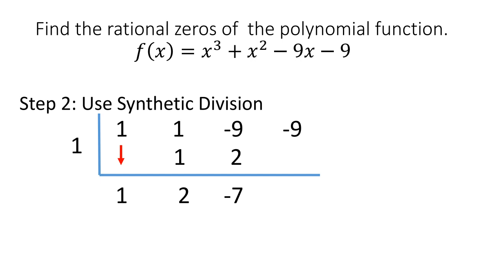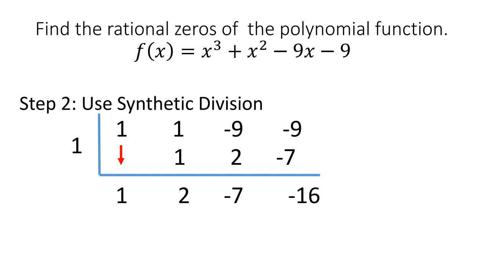And then I'm going to multiply 1 times -7. It's going to give me a -7. And -9 plus -7 is -16. So since the remainder here, always your last value, is the remainder of our division, and this value was not 0, then 1 is not a zero of this polynomial.